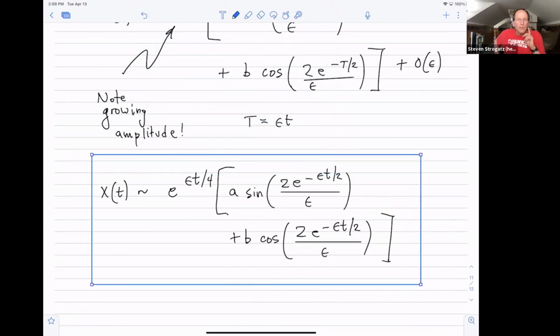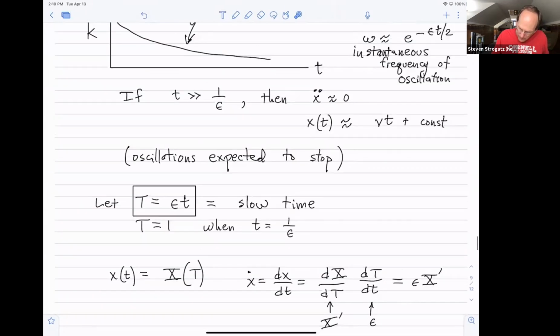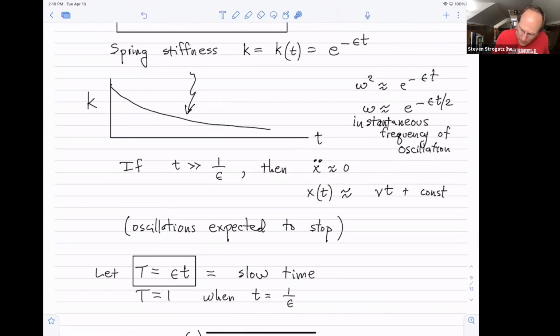All right, so now you might notice some interesting stuff like this term, the e to the minus epsilon t over 2. That epsilon t over 2 is reminiscent of earlier when we had talked about this frequency, right? We were seeing a frequency of e to the minus epsilon t over 2. So that's sort of an interesting coincidence, but it's not exactly what's happening here, is it?